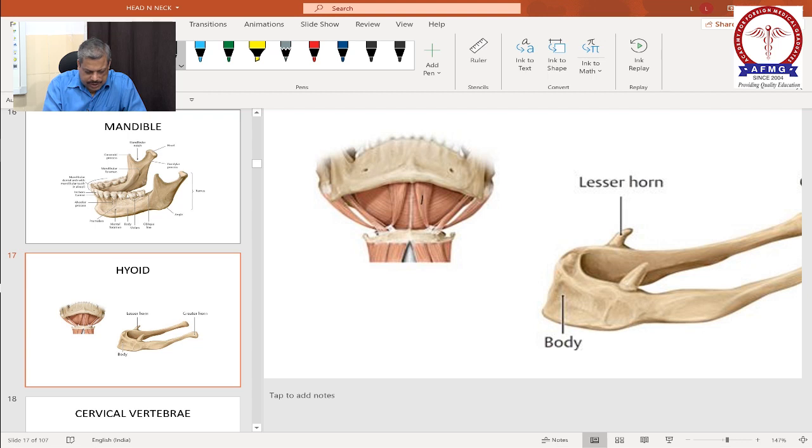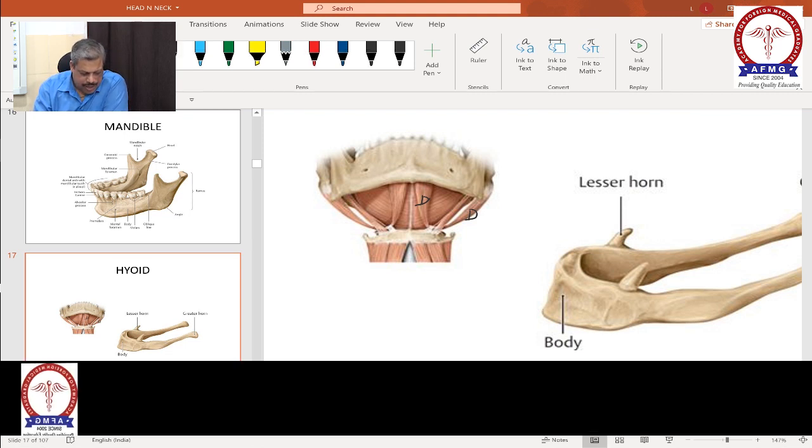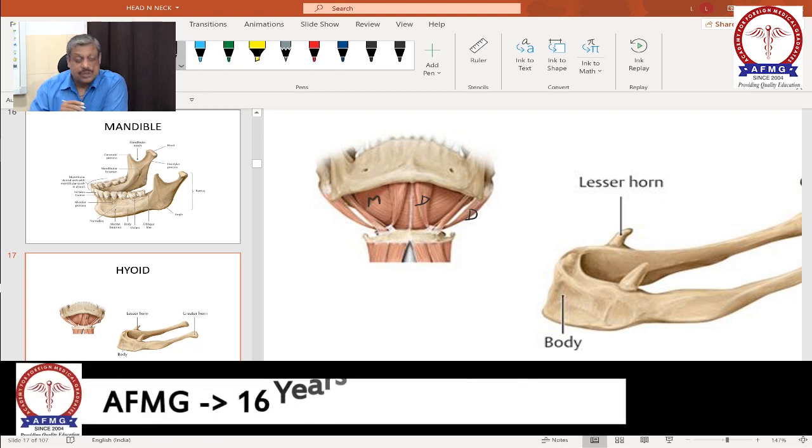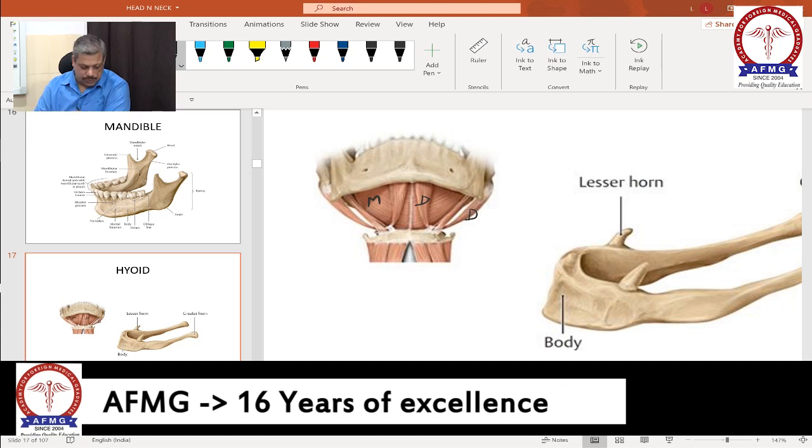This is the digastric muscle, the anterior belly of digastric, and this is the posterior belly of digastric. One muscle is here, stylohyoid, and this is the mylohyoid muscle, which forms the oral diaphragm on the floor of the mouth.